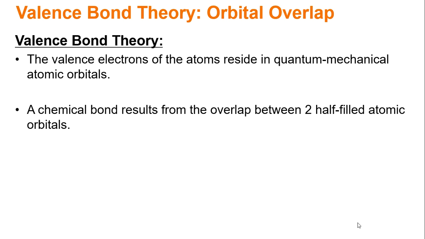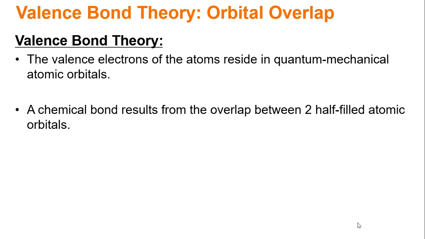A chemical bond will result from 2 overlapping half-filled atomic orbitals. So if we think back to orbital diagrams, remember orbital diagrams were our boxes. In the boxes, it had 1 electron in it versus 2 electrons in it.